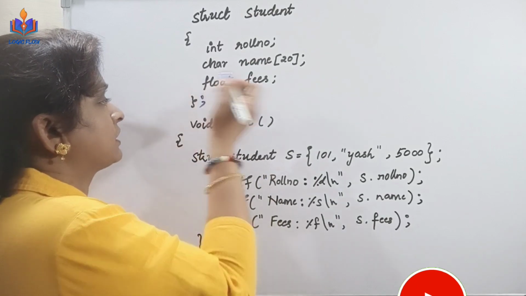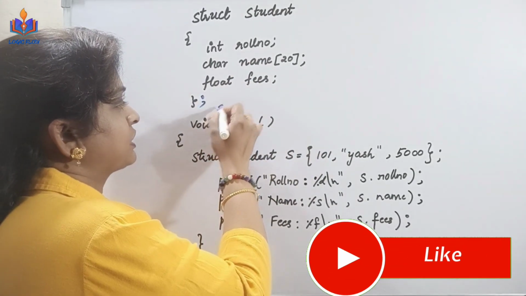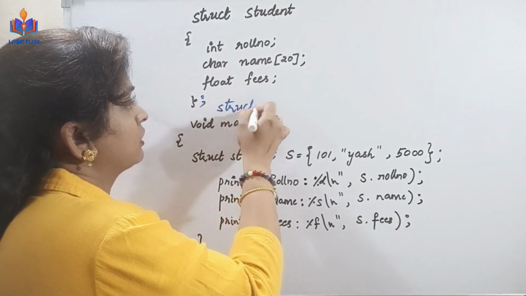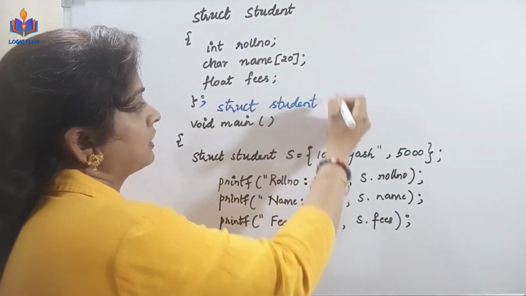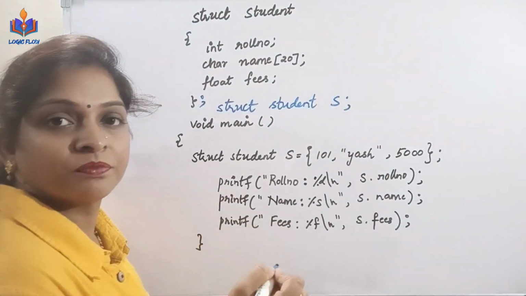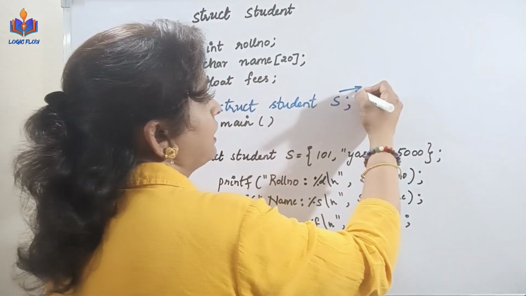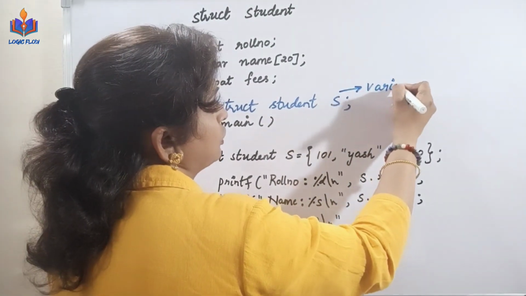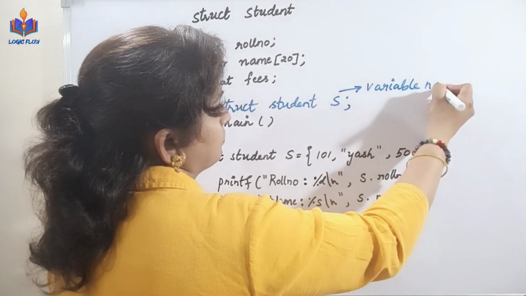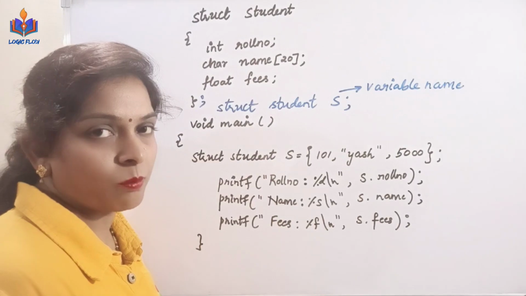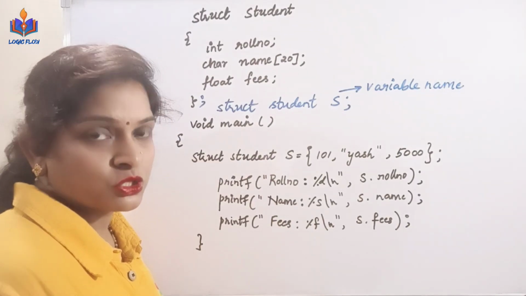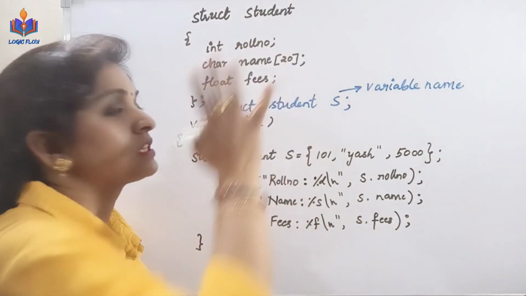If it is outside the main, I can have a complete declaration like this. I say struct, the structure name student, and then the variable name. So yes is the variable name, right? As soon as the variable is created, the compiler is going to allocate the memory for all its members.